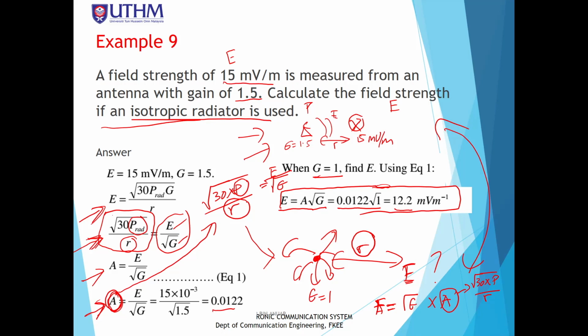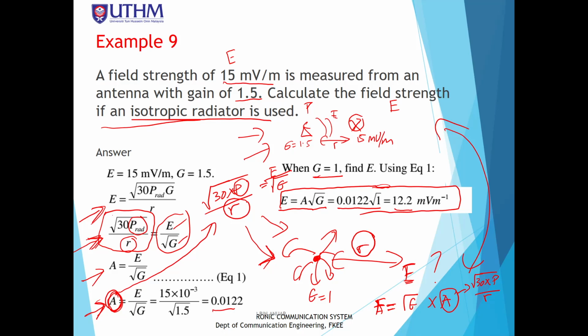Itu maksud dia. So kalau kita lihat gambar ini, when we change to isotropic radiator, with the same amount of power, the same distance from the antenna, and the gain equal to 1, we get the electric field becomes smaller, which is 12.22 millivolt per meter.